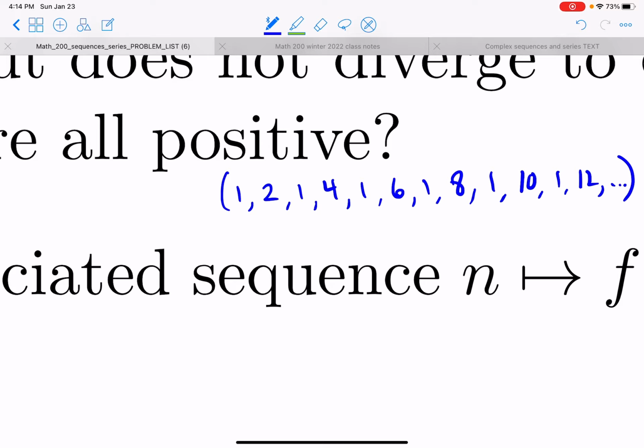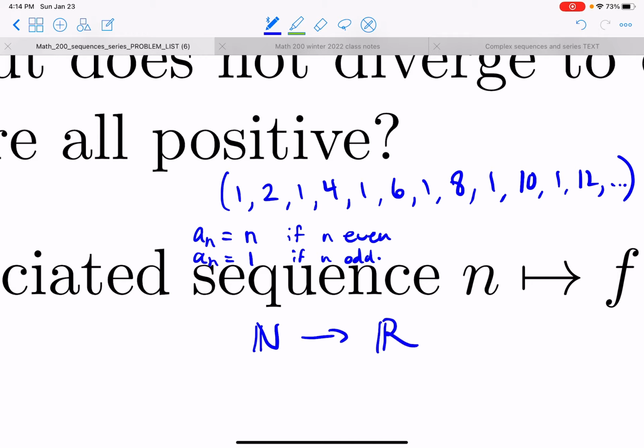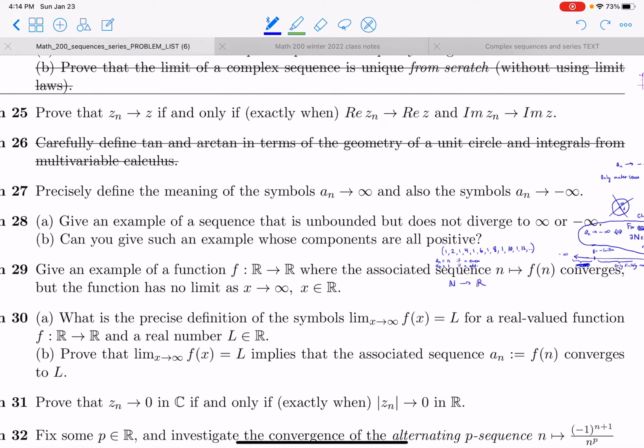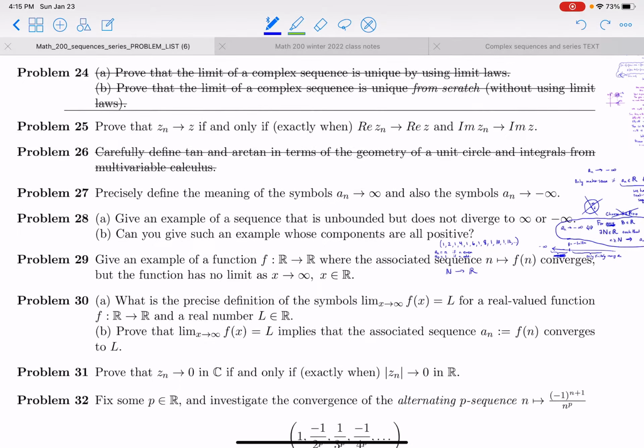In other words, a sub n equals n if n even, a sub n equals 1 if n odd. That defines a sequence. It's a map from there to there, I guess. And its elements are all positive numbers, yet it's unbounded, but it doesn't diverge to infinity, and it doesn't diverge to negative infinity. So that's 28b.